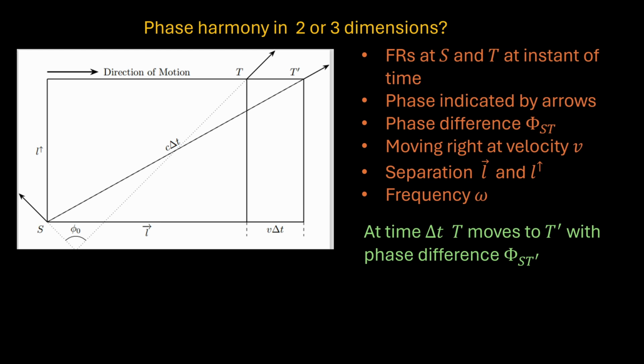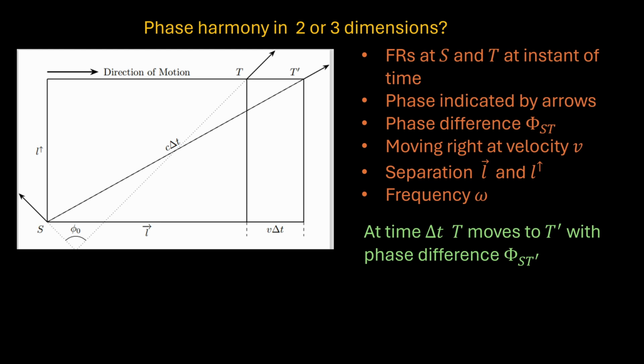Now, in the spirit of a black box calculation, I will spare us the full algebraic manipulation, but I will say how it was done. Essentially, we apply Pythagoras' theorem to the right-angled triangle with sides L right arrow plus v delta t, L up arrow, and finally hypotenuse c delta t.